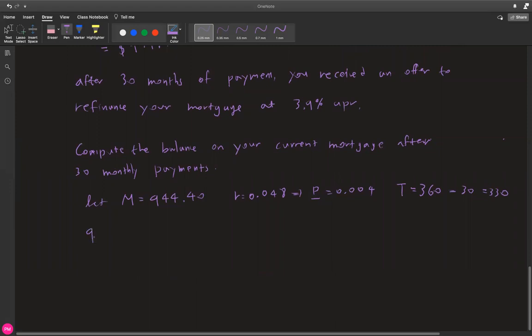So that gives you $944.40 equals this unknown amount that we still owe, and you're simply plugging everything that we know in, to the power of 330 now, and you divide it by 1.004 to the power of 330 minus 1.